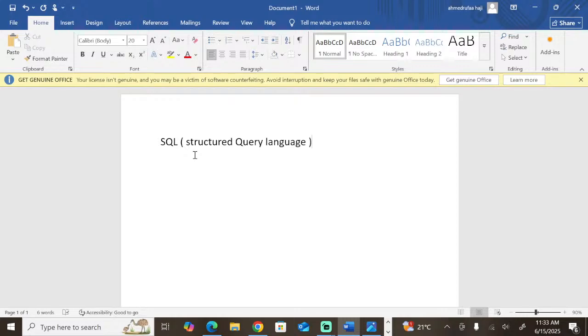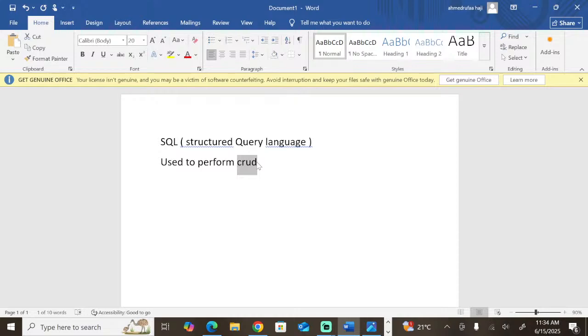So I can now explain what it is used for. It is used to perform CRUD, which I mentioned earlier. CRUD is an acronym: C stands for create, R stands for read or retrieve, U stands for update, and D stands for delete.